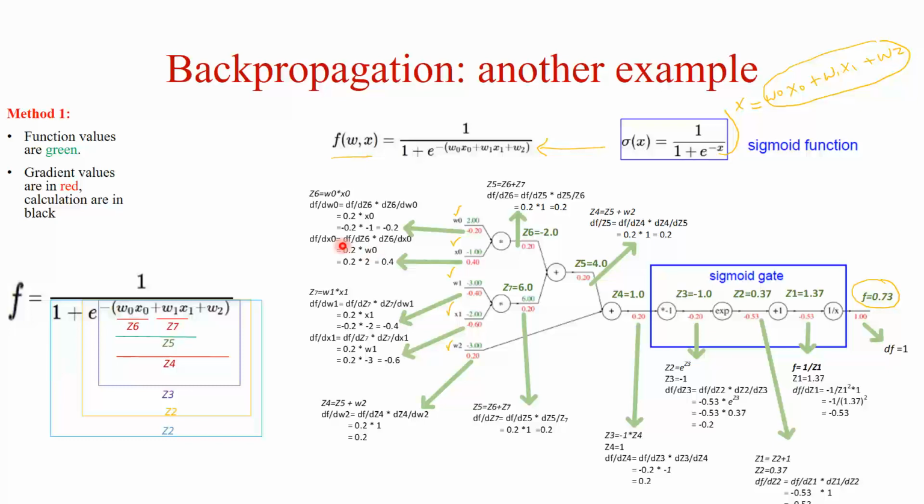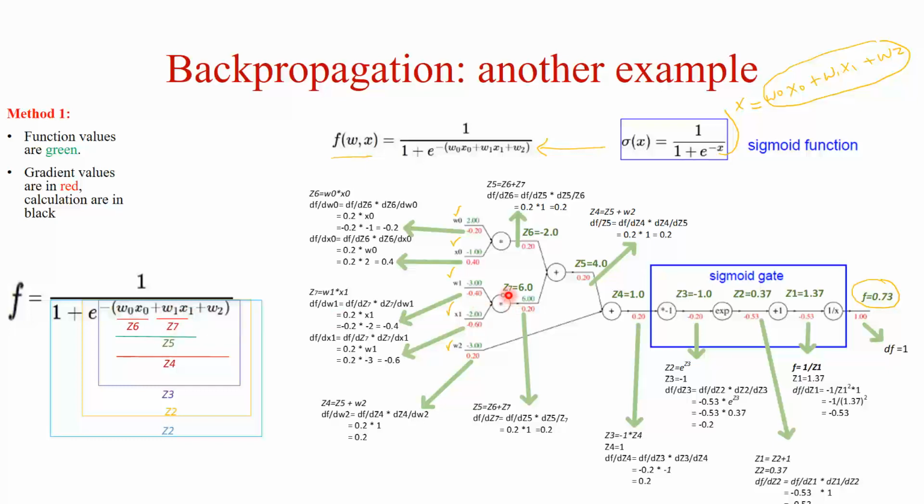Okay, notice that in this expression, we are creating intermediate variables. For example, we created an intermediate variable z6, which is equal to w0 x0, right here. And an intermediate variable z7, which is w1 x1, right here.